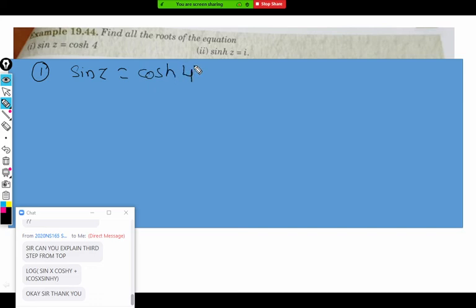Now this is something you did in 12th, where if you are able to convert this RHS also into sine, then we use the identity that you learned in 12th. So this is the identity we have to use. If sine theta is equal to sine alpha, then theta equal to, yes, anyone?